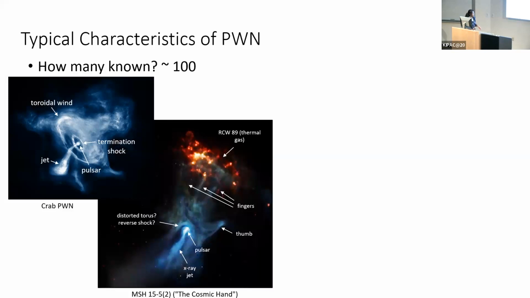But you can also have very different looking PWN. For example, this is MSH 15-52, also nicknamed the Cosmic Hand. You can see why we've named it that, because there are these filamentary structures that extend as far as 6 arcminutes from the pulsar, forming these finger and thumb-like structures.